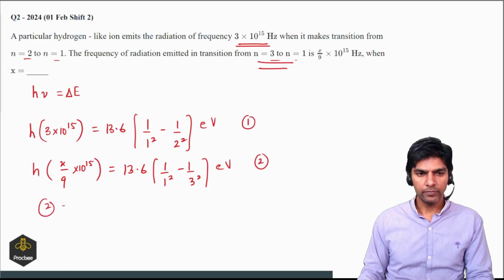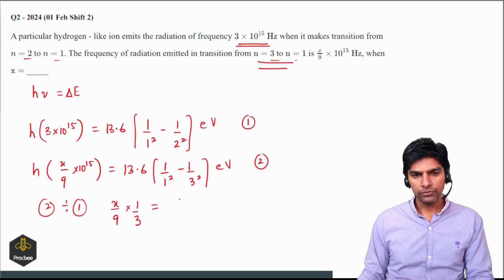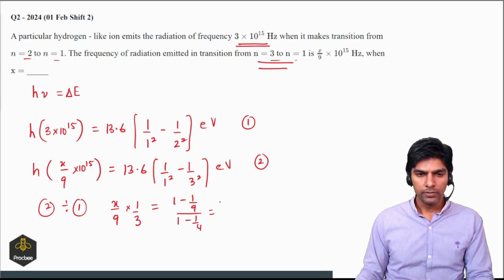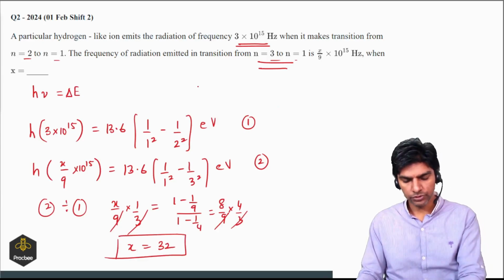So 2 divided by 1 will give us x by 9 times 1 by 3 equals 1 minus 1 by 9 divided by 1 minus 1 by 4. So it will be 8 by 9 times 4 by 3. So 9 and 3 will get cancelled out. So x comes out to be 32. So 32 is the answer of this question.